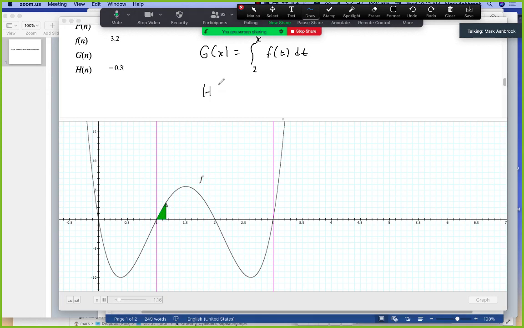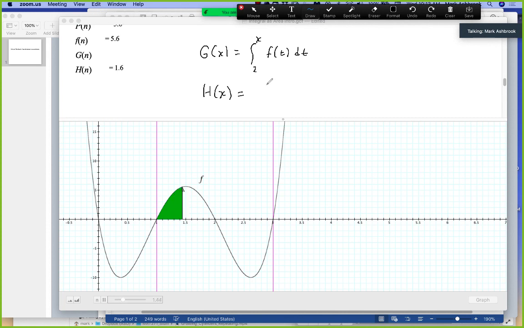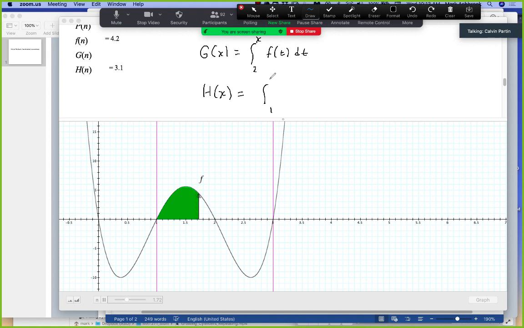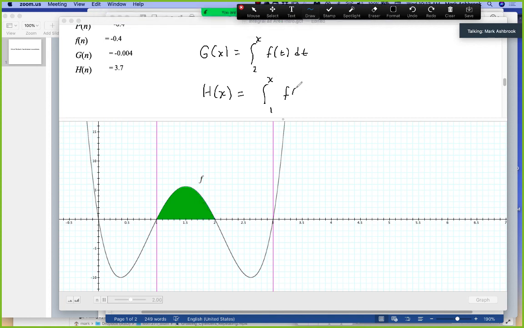Someone's offered unsigned area. Starting from where? Starting from 1. So it's not this, because this gives us signed area. We know that that was the function g, or we call it q from before.